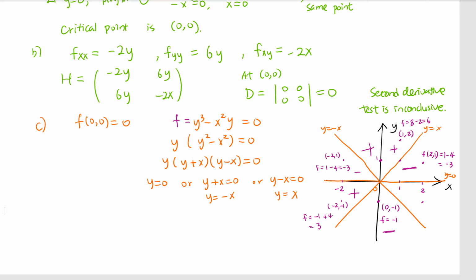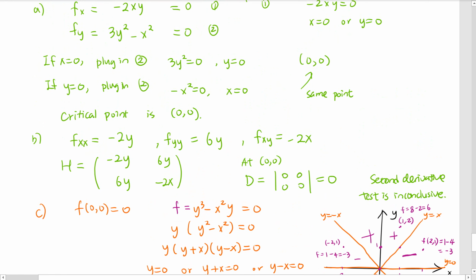Here we can pick 2, minus 1. Y cubed is minus 1, then minus 2 squared is 4, 4 times minus 1. Oh, negative becomes positive. So we have 3, which is positive. Now you can see some regions where f is positive, some regions where f is negative, and at the origin f is 0. Then what can you tell?